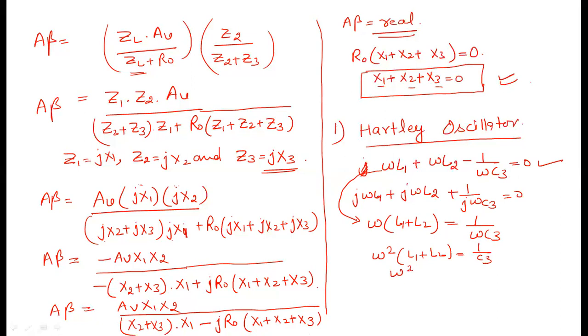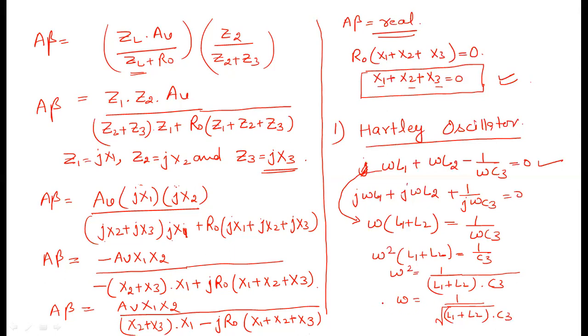So omega square is equal to 1 by L1 plus L2 into C3, where omega is equal to 1 upon square root of L1 plus L2 into C3.